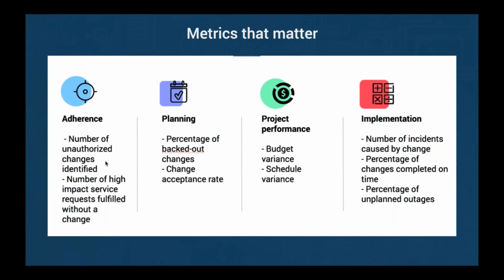In the planning stage, if you'd like to measure the efficiency of your planning, please check the percentage of backed out changes and also the acceptance rate: how many changes are accepted by the change advisory board? To measure the performance of a project, do a variance study on the budget and schedule. And finally, to measure the performance of the implementation phase, check the number of incidents caused by a change, percentage of changes completed on time, and also percentage of unplanned outages.